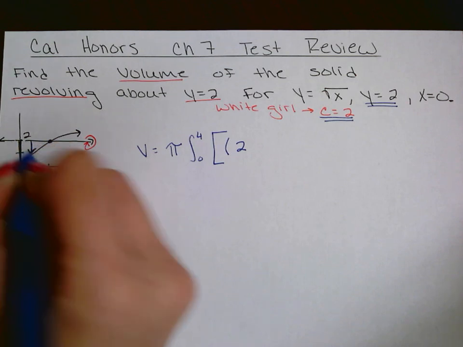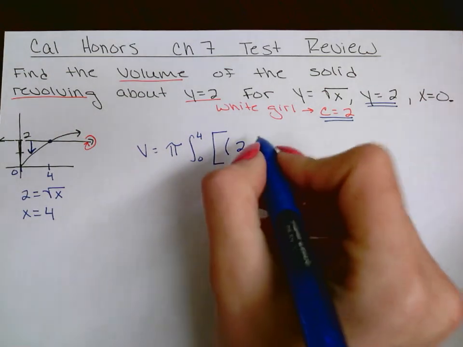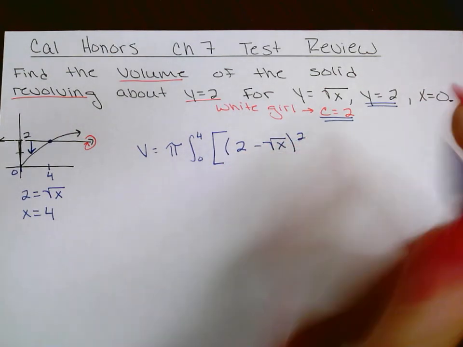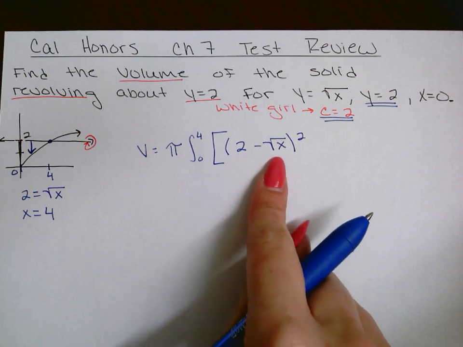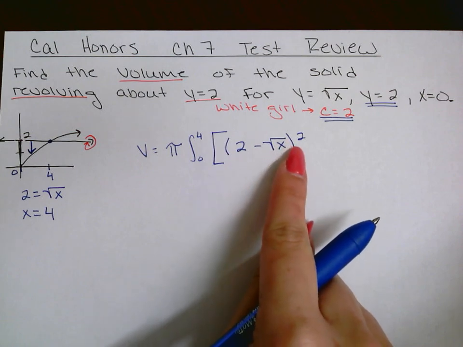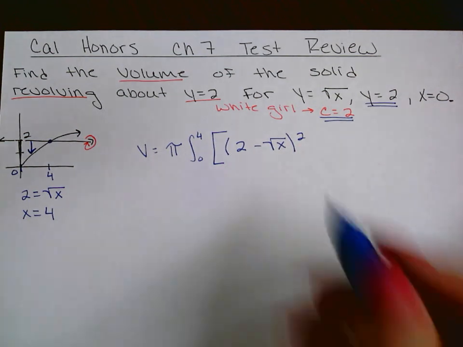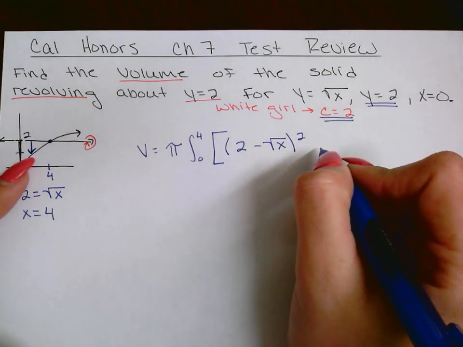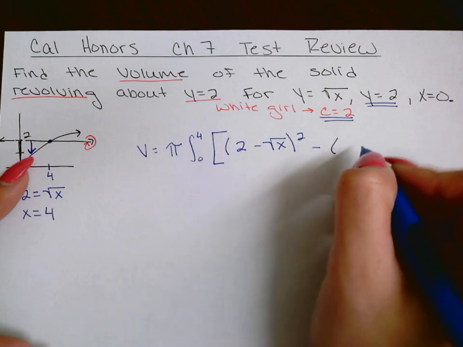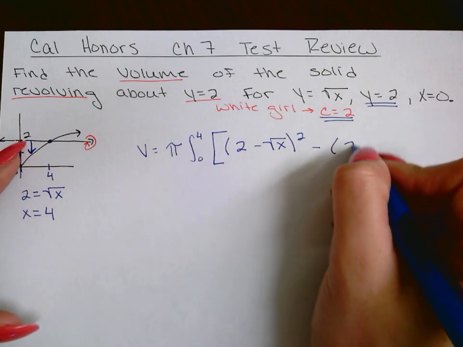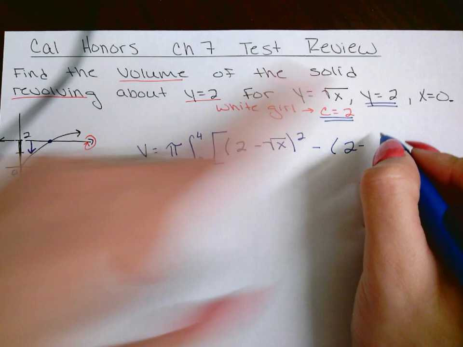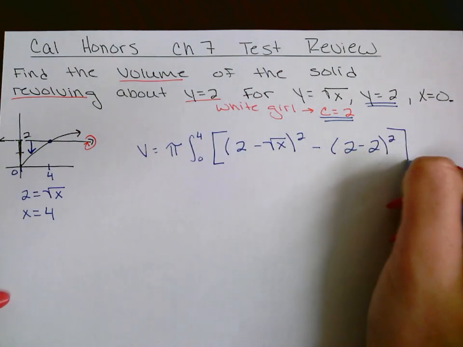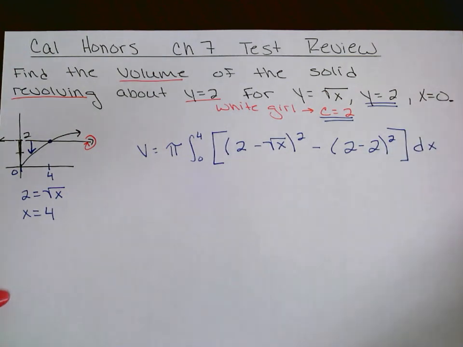And you can see I only have one function there, which is square root of x. So my formula is the c line of rotation minus the furthest function squared. Now, if you were to keep going, you do not technically have to because that is the only function I see here. But if you did, you'd say c, my line of rotation, minus my smaller function, my function that's closer, and you'll see that that second part cleans out.